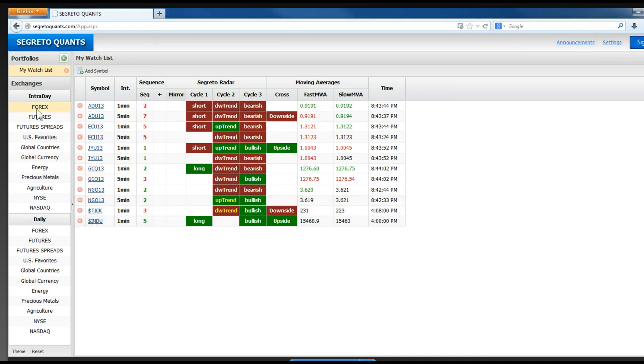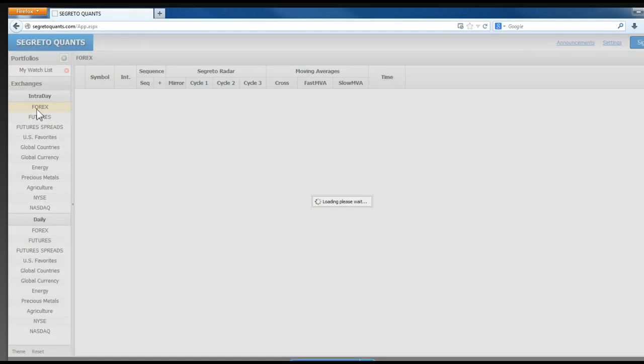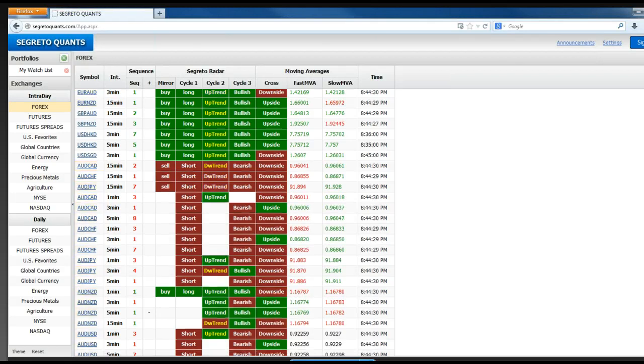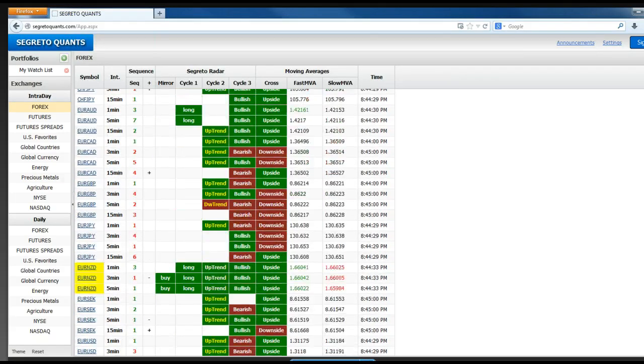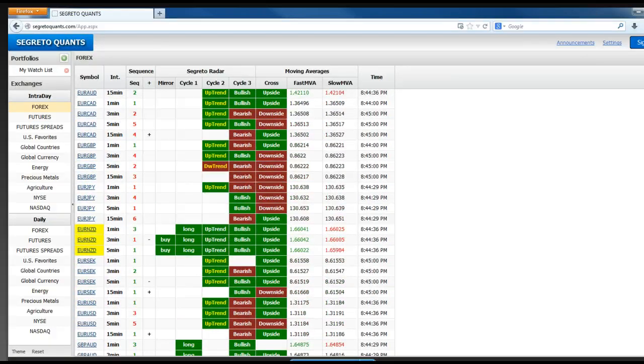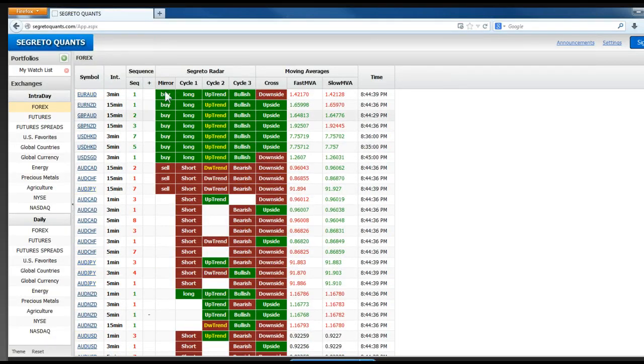But you have the forex window, with tons of different symbols. And when you click on mirror, this shows you the ones that are showing buy and sell at this point.